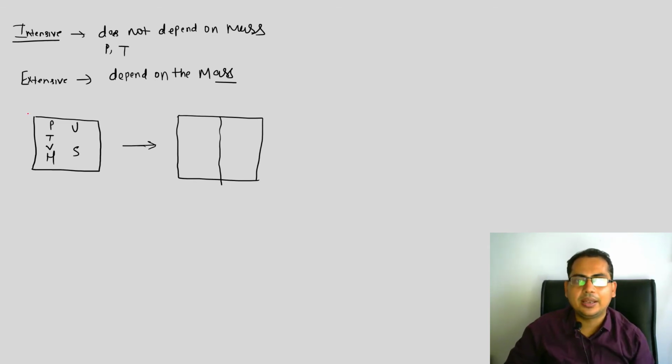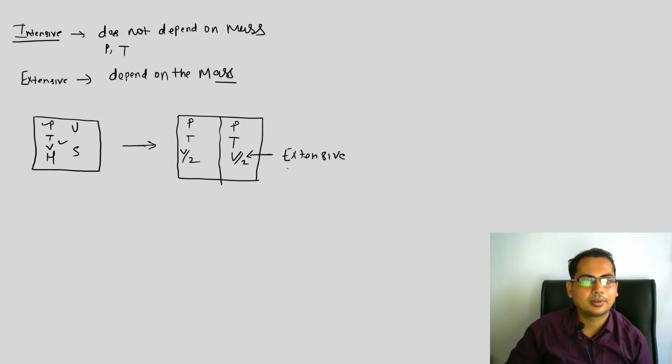For example, if there is a pressure P and you divide it into two parts through a wall, then pressure will be the same, P. Temperature will also be the same, but volume will change, V by 2, hence this is an extensive property. Okay, so this is the property.